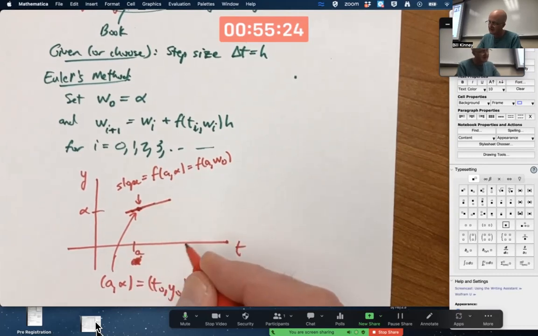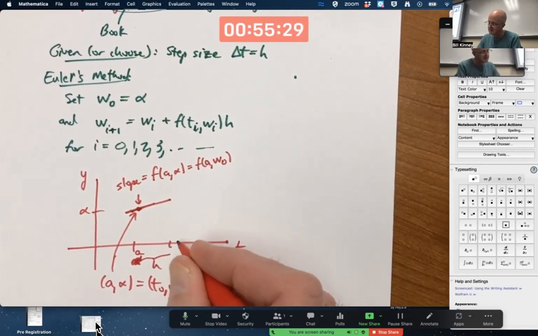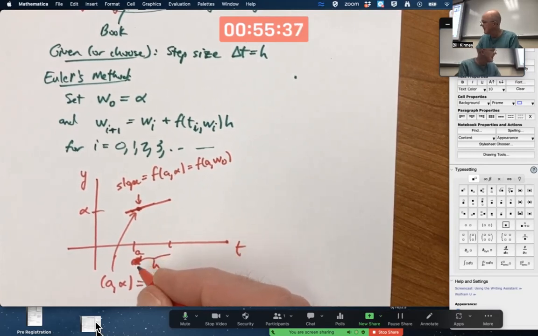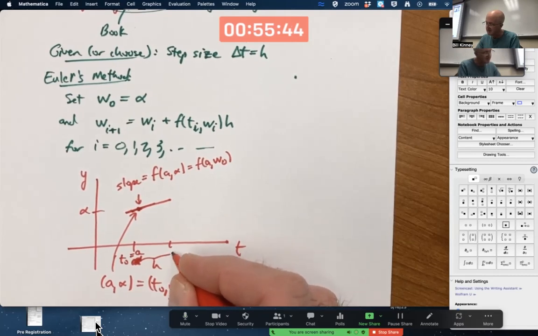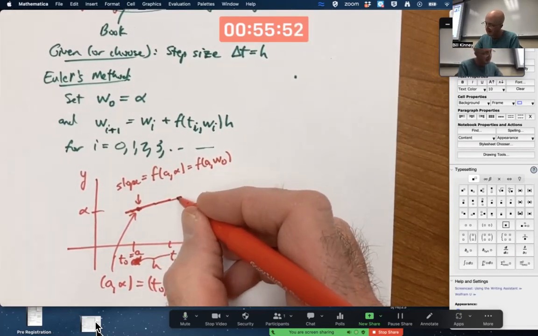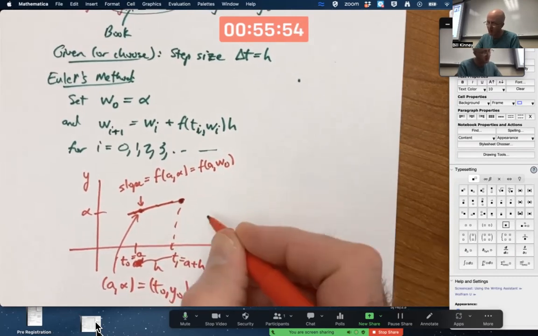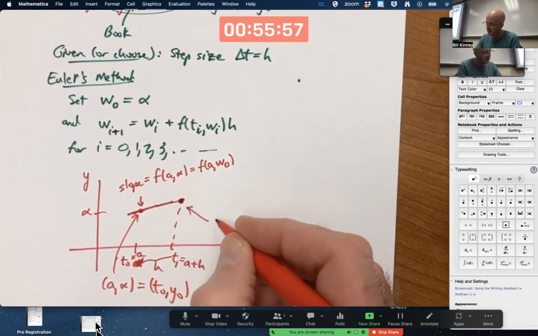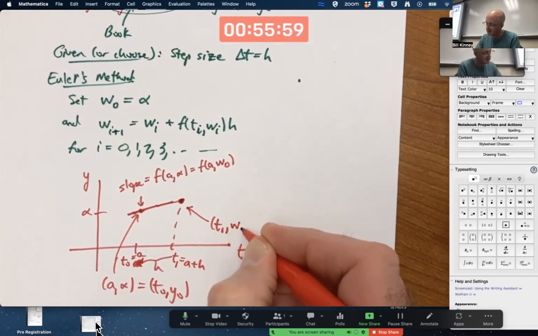We follow that line forward in time by h units to get to the point, say t1 equals a plus h. And the coordinates of this point right there are going to be t1 comma w1.